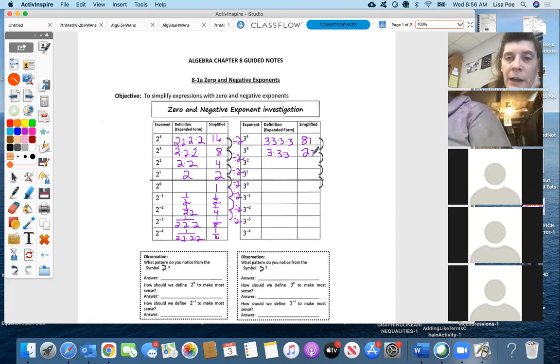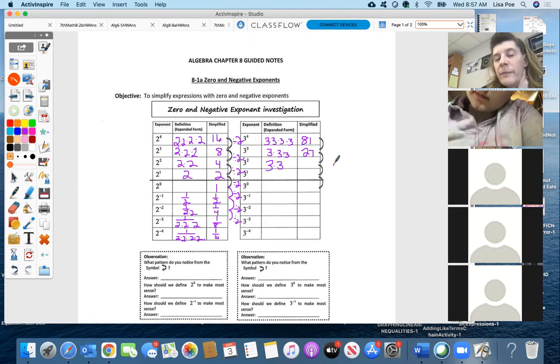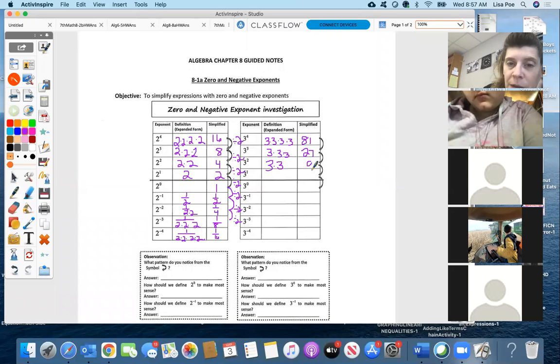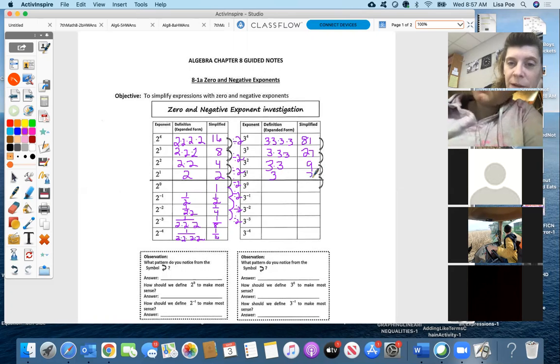Perfect. And then 3 to the second, what is that? Garrett, wake up. What's 3 to the second power? 9. All right. Brady, you can have the hard one. What's 3 to the first power? 3. Good. Now, this is actually the really hard one. Caitlin, what's 3 to the 0 power?